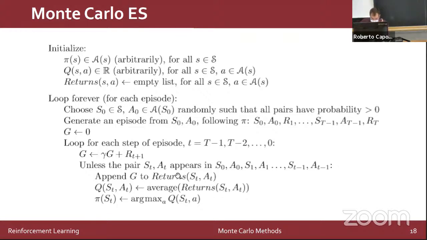Note that now this is returns for state and actions because we're using Q. Before we were estimating V, but now we're using Q. So we want to compute the returns for being in a certain state, taking a certain action, and then following a policy. This is why. And then we compute our policy by doing the argmax over A of Q(S, A).